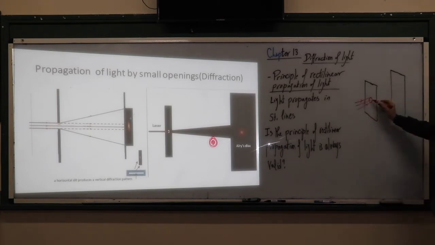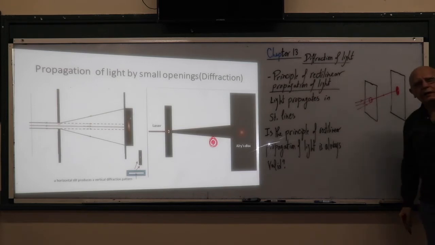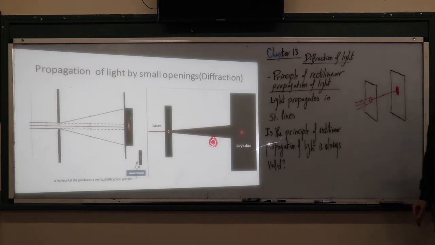As we said, we observe a central bright disk surrounded by alternating dark and bright rings that have the same center as the disk.